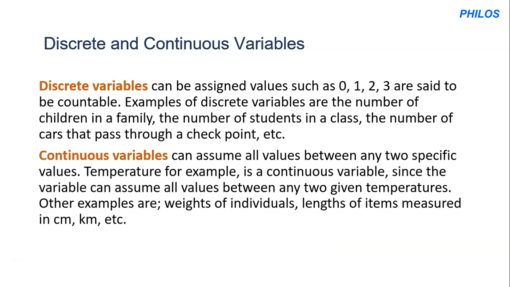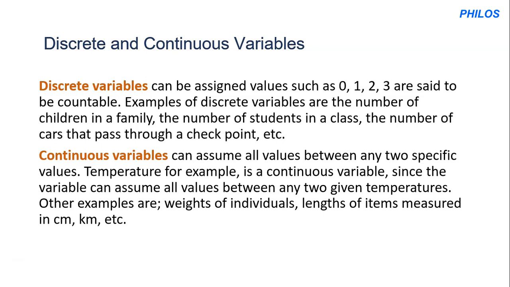For continuous variables, we can't easily count them. We actually measure them. So when you want to know the length of something, do you count the length? No, you measure, isn't it? When you want to know the weight of an individual, do you count the person's weight? No, you measure it as well. So mostly continuous variables are measured, they are not counted.